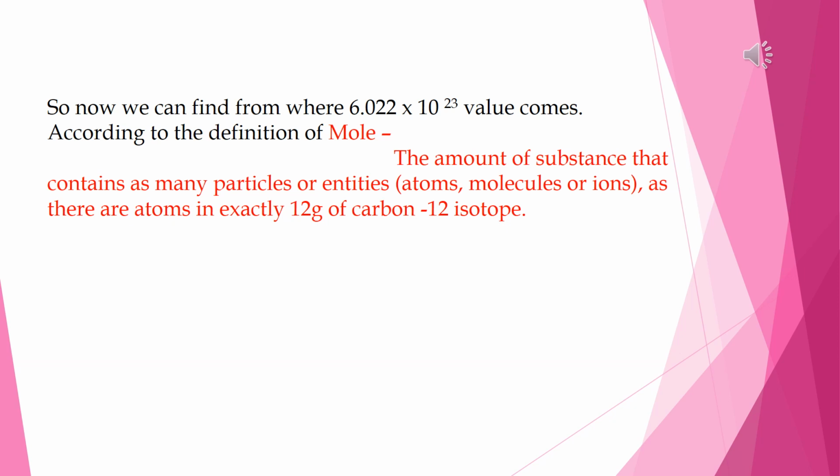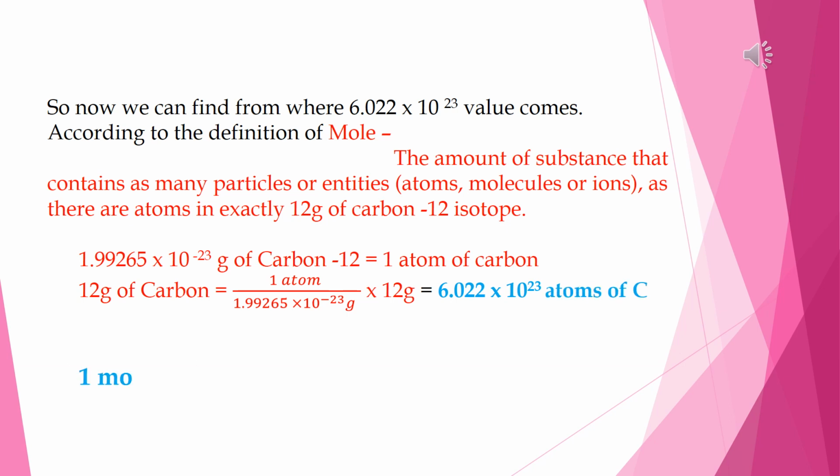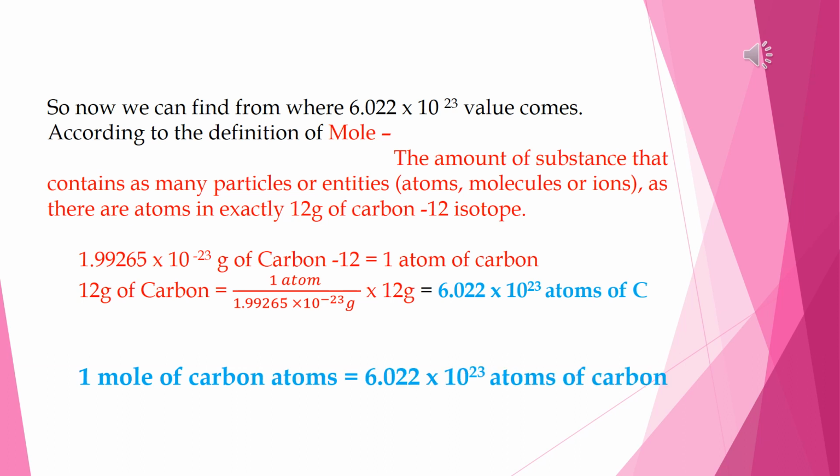As we know, 1.99265 × 10^-23 gram is the weight of one atom of carbon. So 12 gram of carbon is the weight of how many atoms? We calculate it as, which comes out to be 6.022 × 10^23 atoms of carbon. So 1 mole of carbon atoms is equal to 6.022 × 10^23 atoms of carbon.